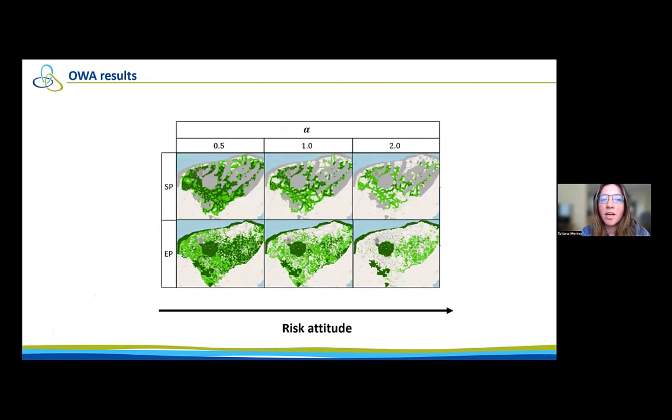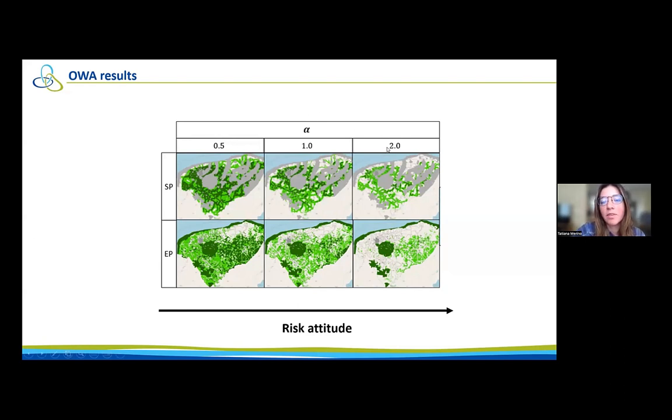These are the results, and we obtained 3 scenarios for swine plant investment and 3 scenarios for environmental protection that range from an alpha value of 0.5, that was the risk seeker attitude. Then the neutral attitude was the maps that we obtained at the beginning by the weighted linear combination with an alpha value of 1.